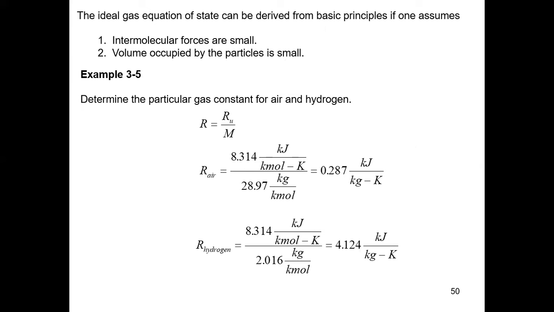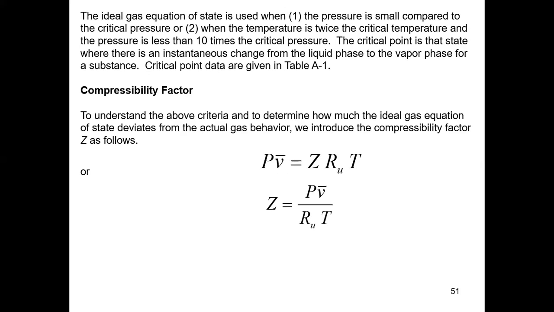Capital R is Ru divided by M. So we know the Ru, we know the molar weight, and we can calculate R of air. We can calculate R of hydrogen, which is a gas constant per molar mass.